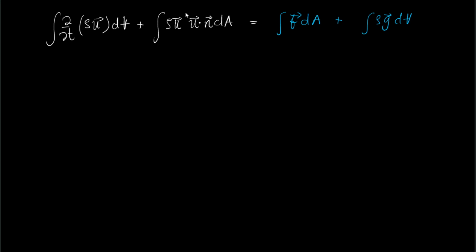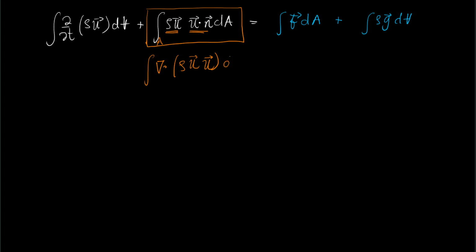Now once again we can convert this particular term, which is an area integral, and write it in terms of a divergence. Recall that this is the momentum content and this is the flux of the flow. So this has three components, but this is a single scalar. So we can use the divergence theorem and write this particular term as the divergence of rho u dV.